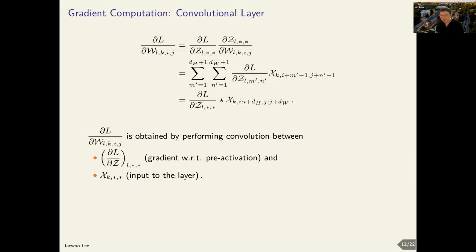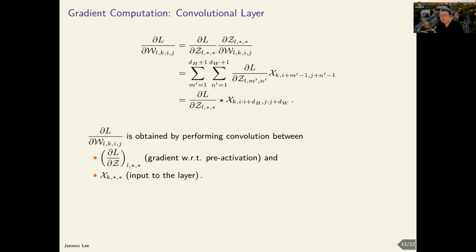The per example gradient was expressed as the result of performing an operation between the gradient with respect to pre-activation and the input to the layer. The only difference is that for the linear layer, we take the outer product, while here, we take the tensor inner product. Actually, this is not a coincidence.